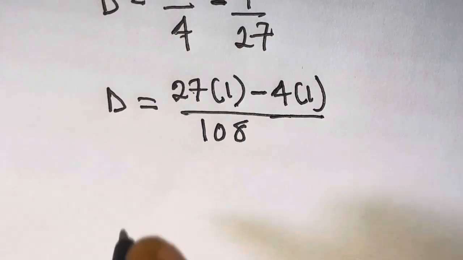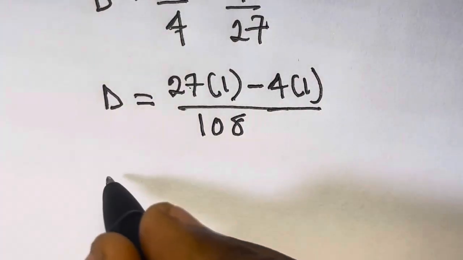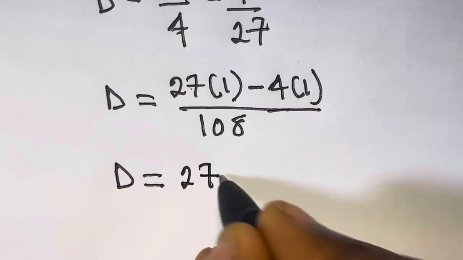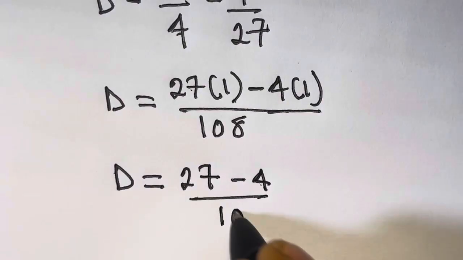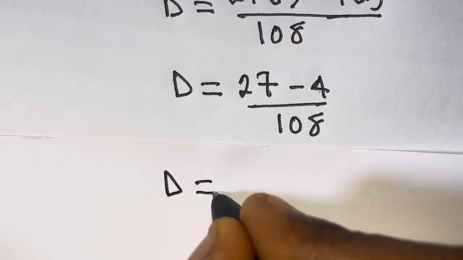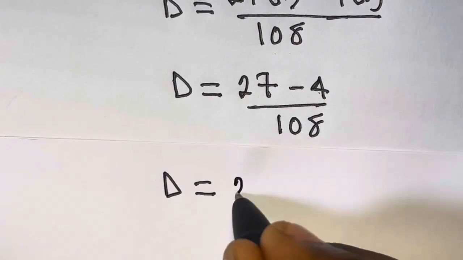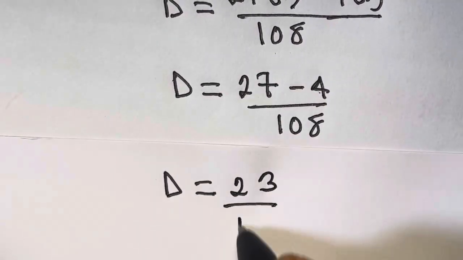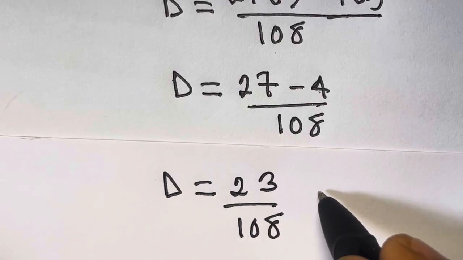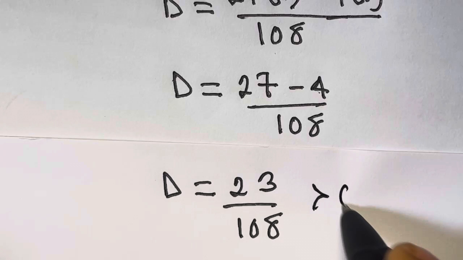From here, we have d equals 27 minus 4 divided by 108, that is 23 divided by 108. And if you look here, we have d greater than 0.